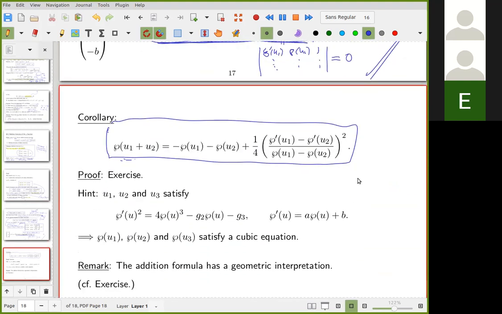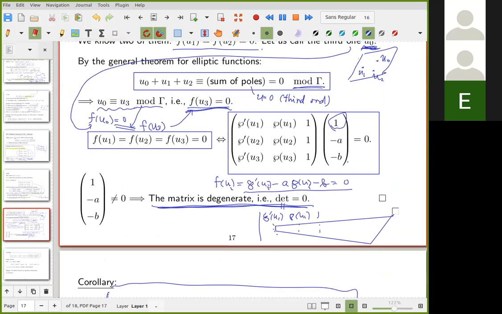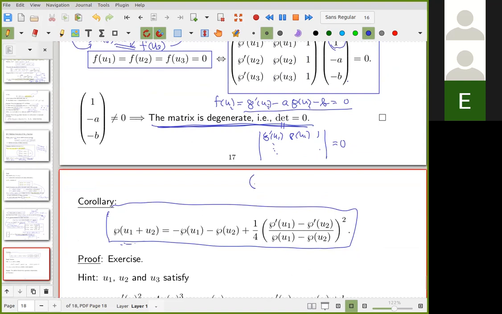And actually, this addition formula includes not only P of u1 plus u2, but P prime of u1 plus u2.